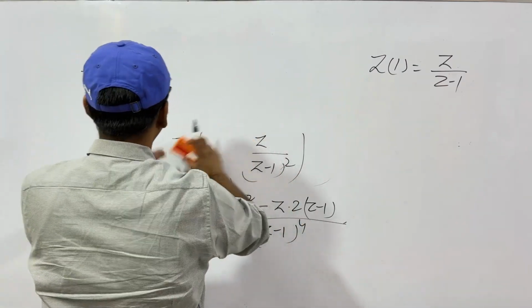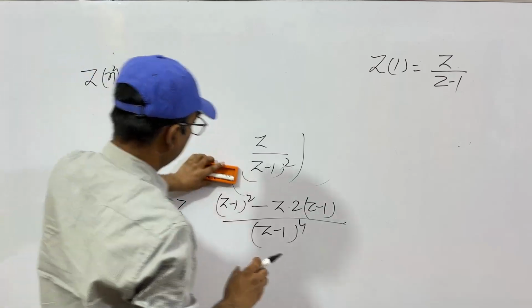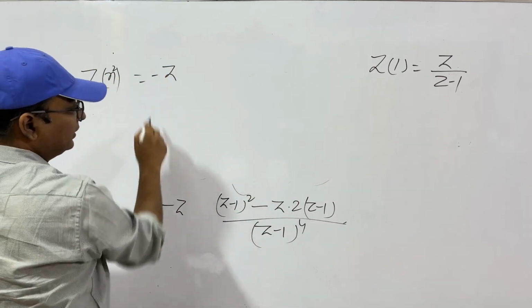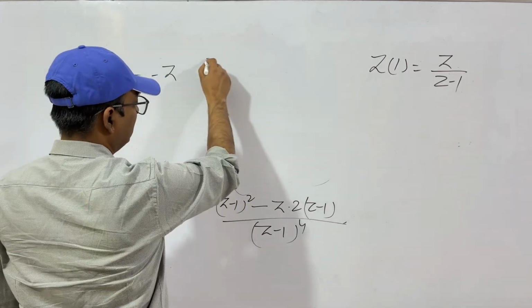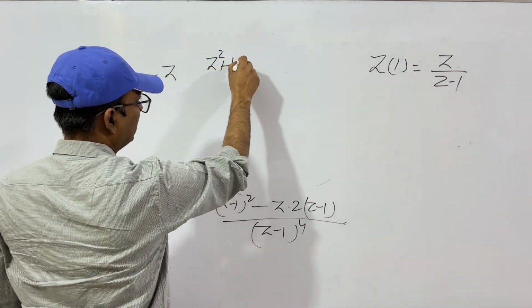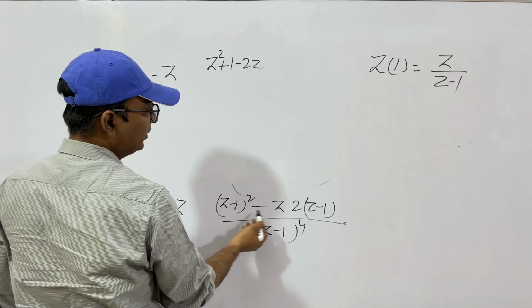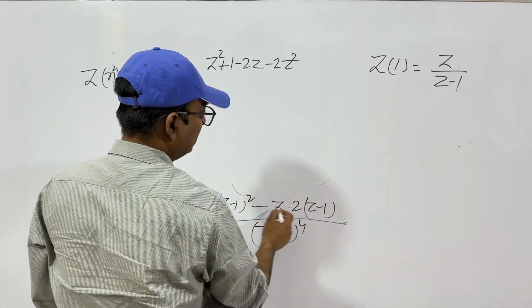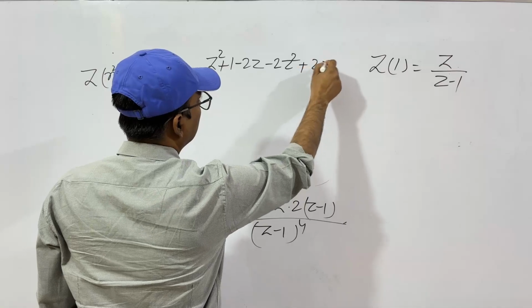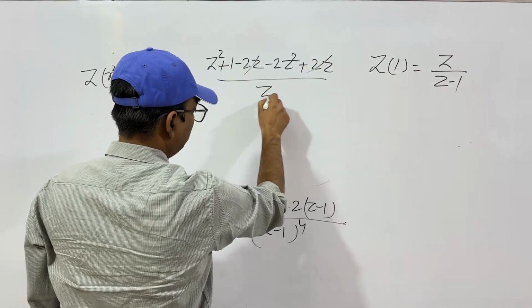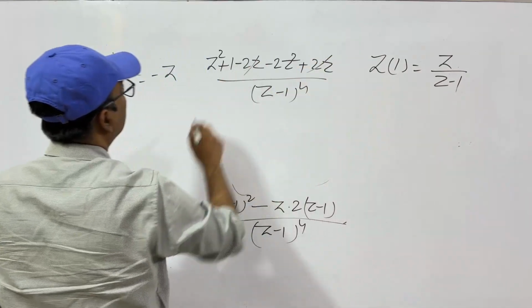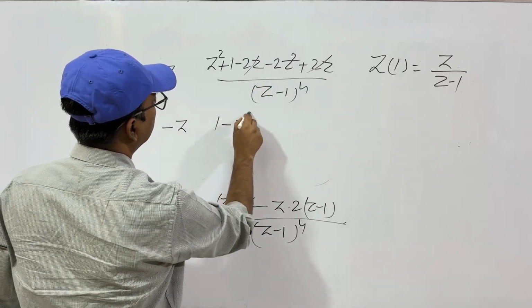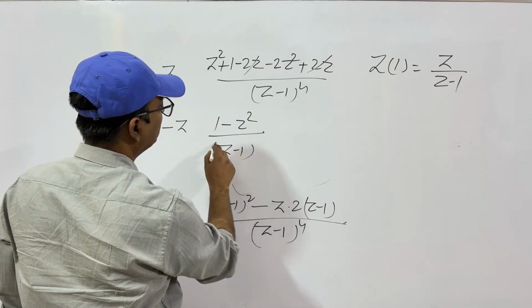So let's see. It will be minus z. Here I'm writing z square plus 1 minus 2z from here. Then this is minus 2z square, minus 2z square, and then minus minus plus 2z. So 2z cancel, this by z minus 1 to the power 4. What you get in the numerator is minus z, 1 minus z square by z minus 1 to the power 4.